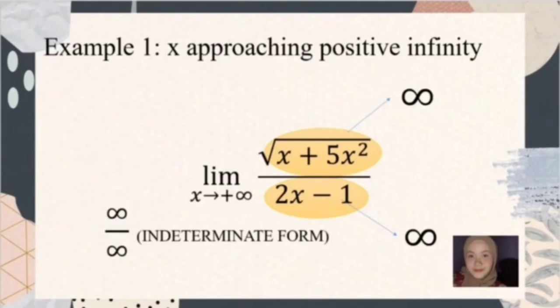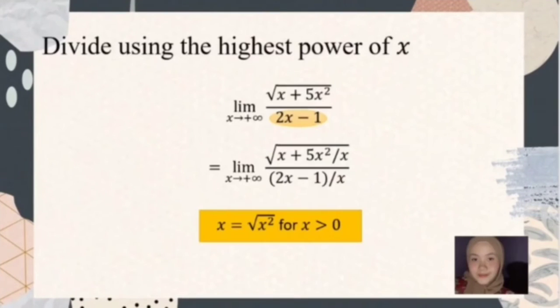So we have the form infinity over infinity, and that is called an indeterminate form. The strategy in evaluating this limit is to divide the numerator and denominator by the highest power of x in the denominator. In this case, we only have x raised to 1.